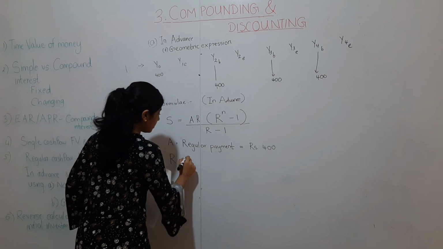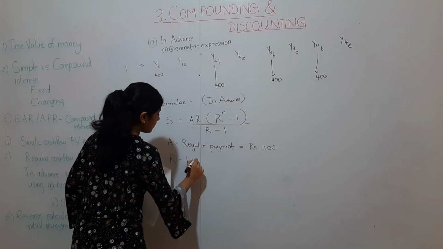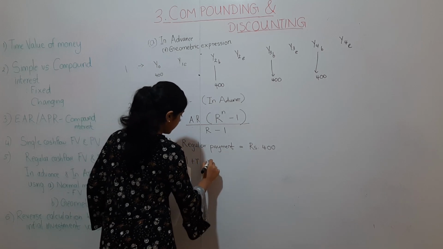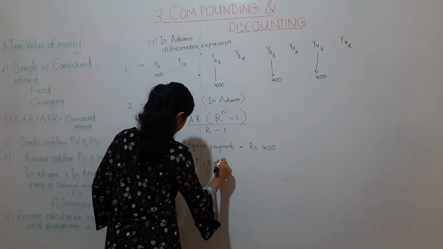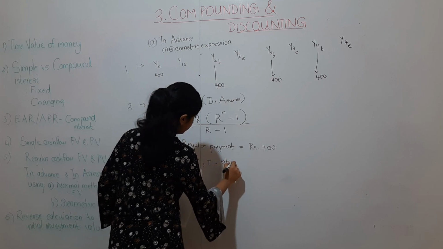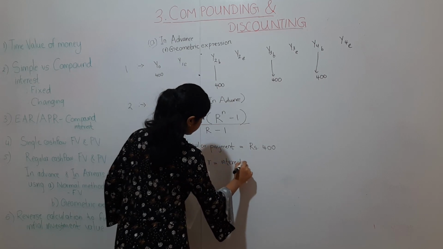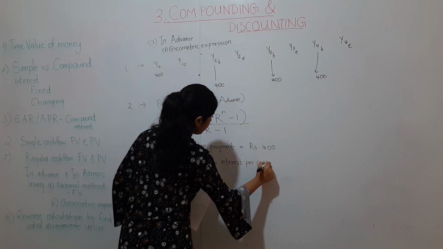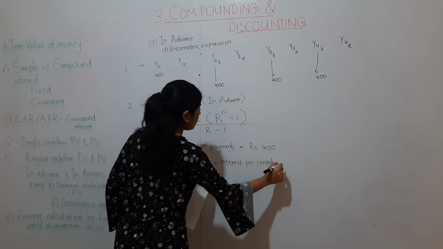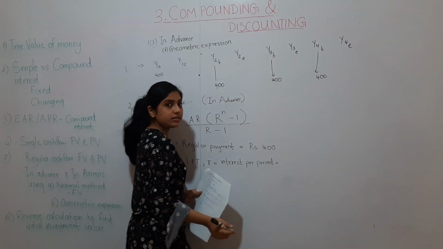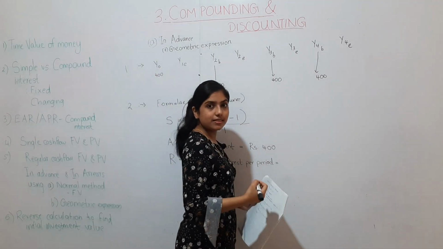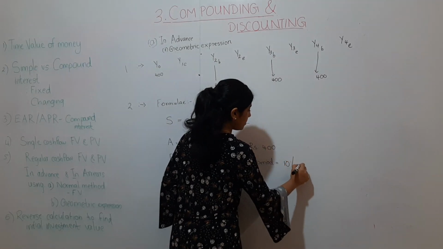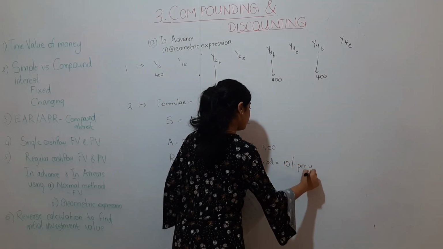Capital R equals 1 plus simple r, where simple r is equal to the interest per period. In this question, they said it was 10% per year. So you write 10% per year.